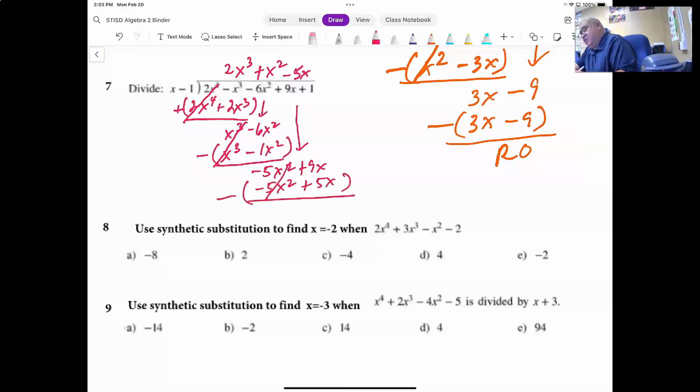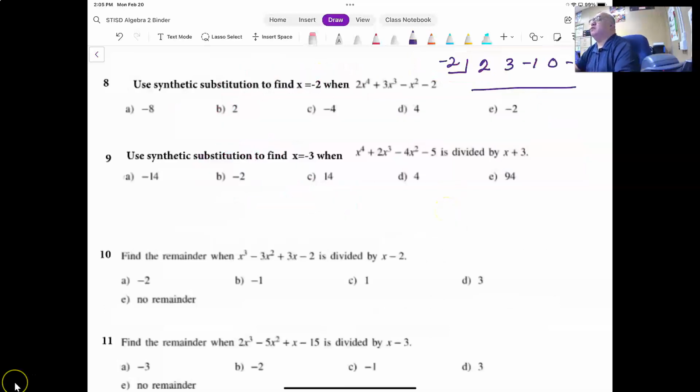Subtract, that cancels. So you have 4x plus 1. So you multiply by 4. So you have 4x minus 4. So the remainder is 5. So that's how you do the long division.